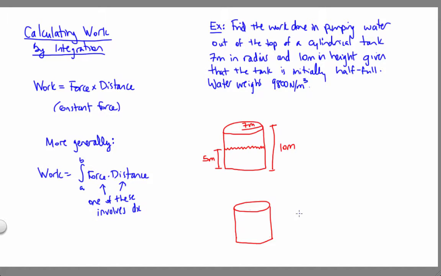Now I've drawn a second version of this cylindrical tank, and let's think about setting up our integration. The key idea is going to be to imagine lifting a thin disk of water. We're going to be pumping it out of the top of the tank. Let's think about this vertical distance that this thin disk is going to have to be lifted. Let's call that distance x.